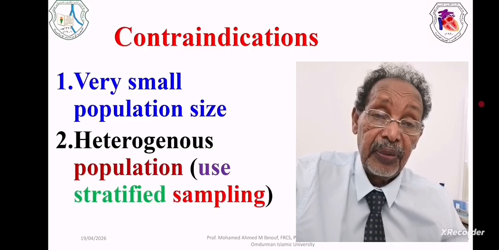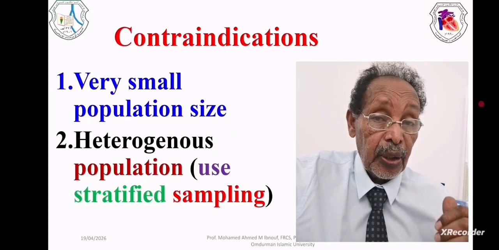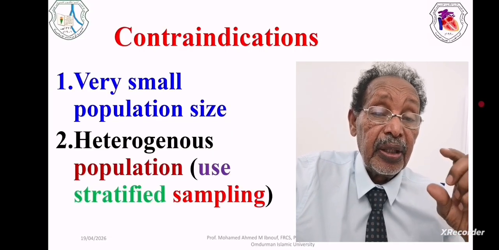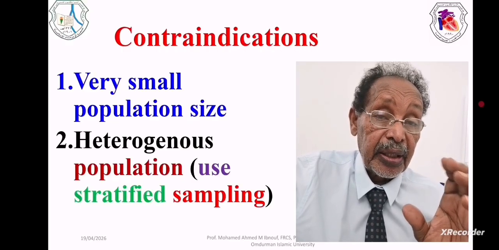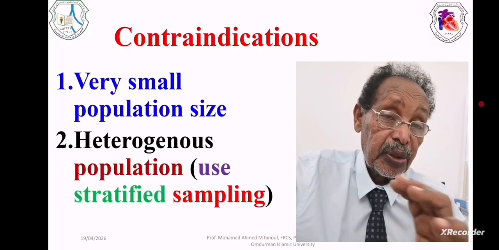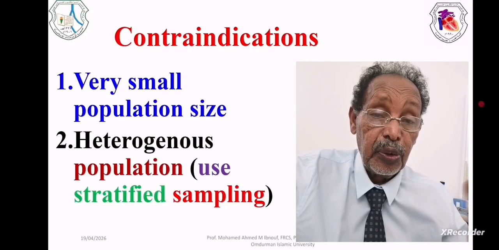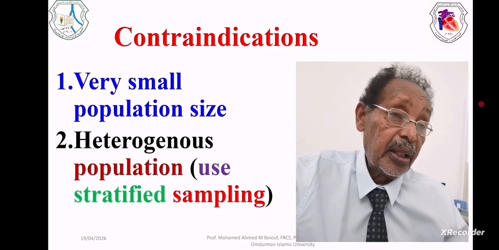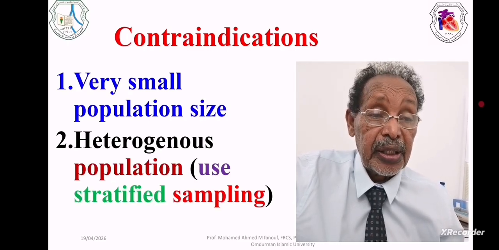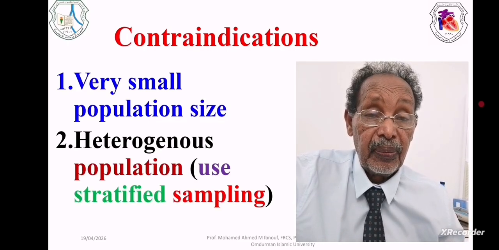Confidence interval 95%. The contraindication is that if the general population with similar characteristics, that is appendicitis, cholecystitis, one type of tumor like that, if the number is very small, better to consider the census, the whole population.